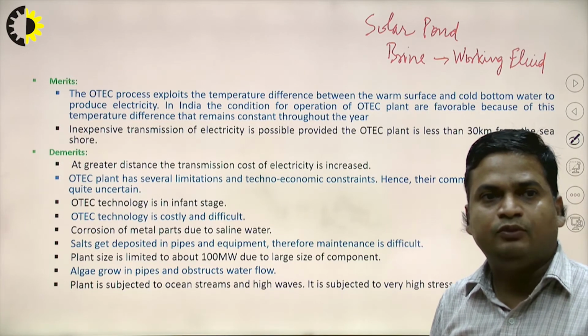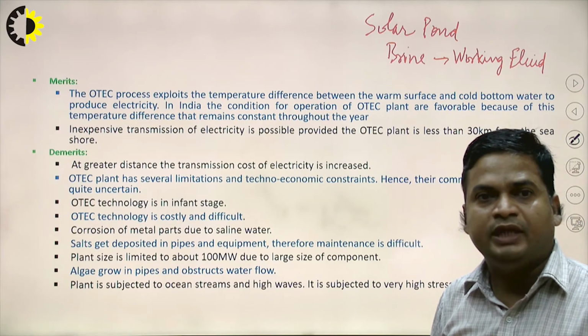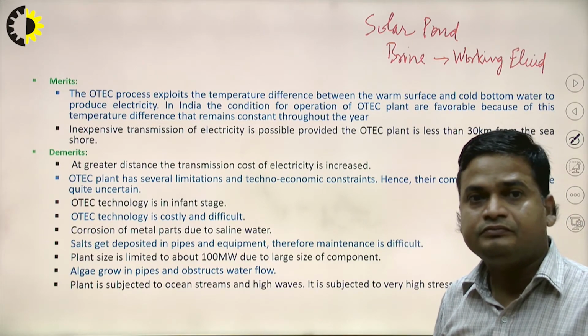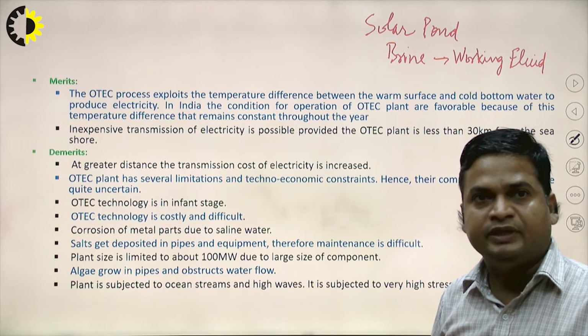The plant is subjected to ocean streams and high waves. It is subjected to very high stresses, because high waves are there because of certain lunar and solar effects, because of their different gravitational forces.